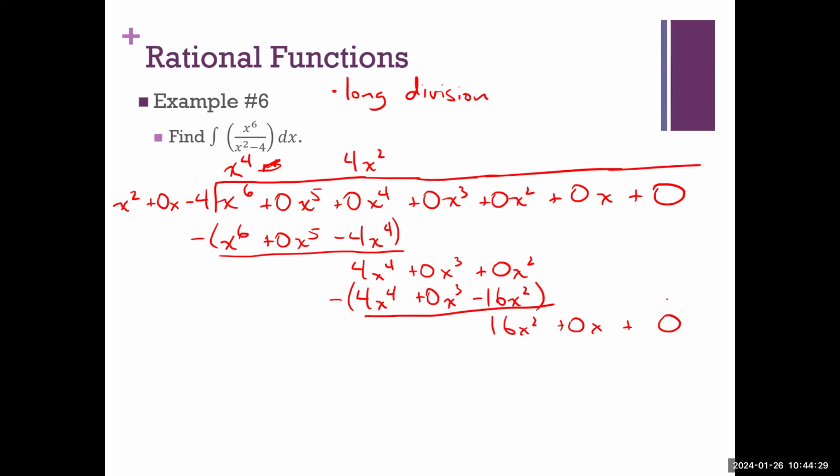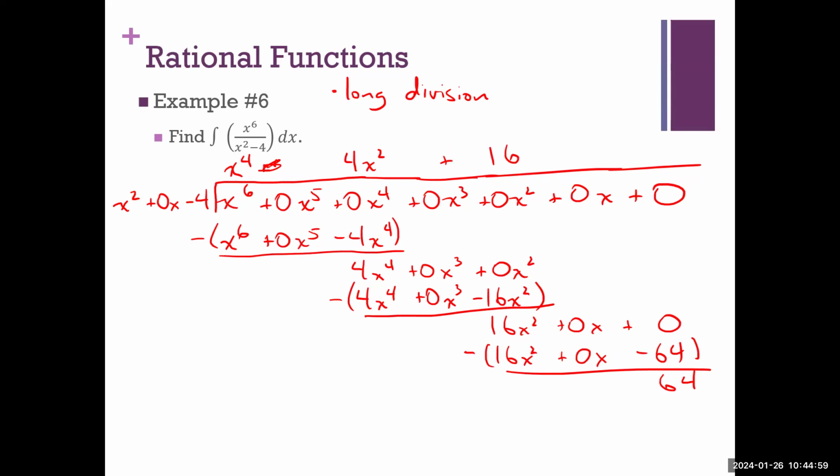So now what? What's my next term in my quotient here? Plus 16. So 16x squared plus 0x minus 64. All right, so what did we just do?